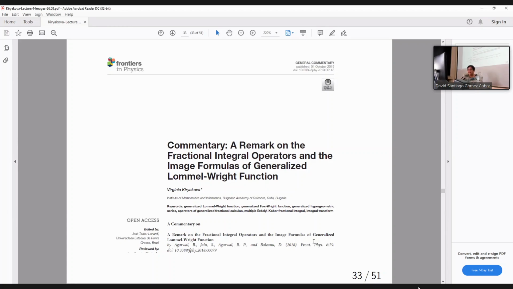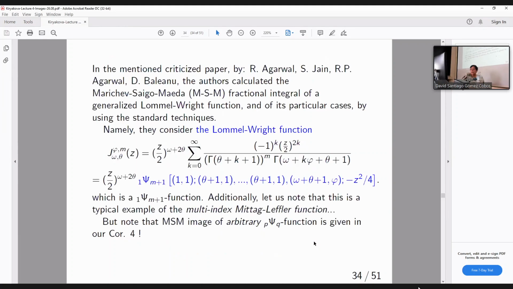I published some critical papers, especially one on these trials to evaluate images of special functions in frontier physics, because the authors claimed to evaluate fractional integral operators of generalized Lommel-Wright function. And the generalized Lommel-Wright function they consider is representable by Ψ function with p equal to 1 and q equal to m plus 1.